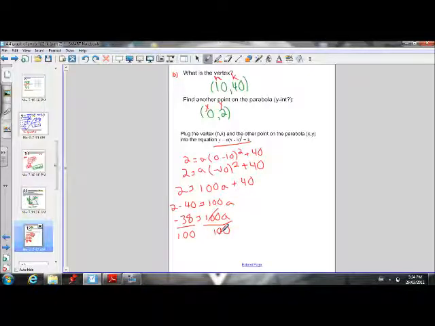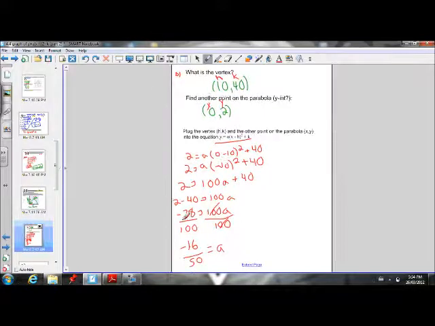So these 100s cancel. And we can write this fraction in lower terms. Negative 38 over 100, let's write that as negative 19 over 50. So negative 19 over 50 is equal to a. And if I'm not mistaken, that's in lowest terms. So we've solved for our a variable.